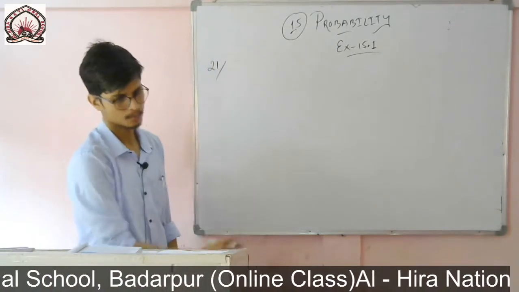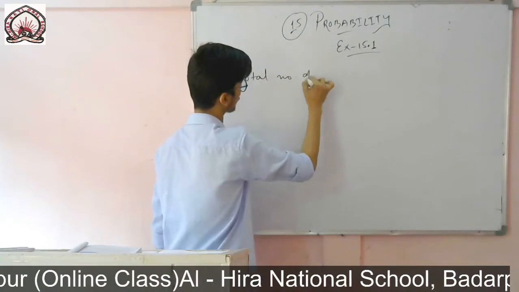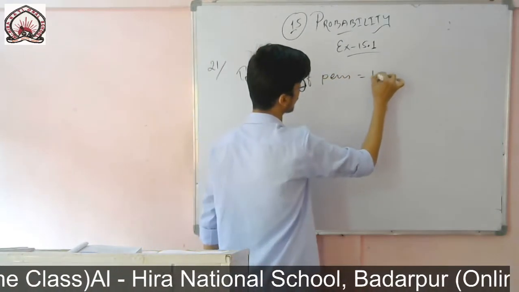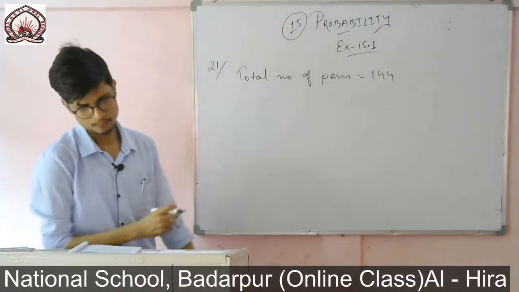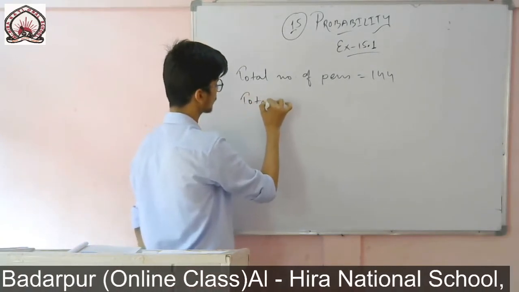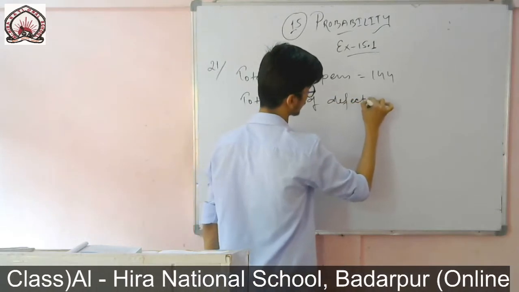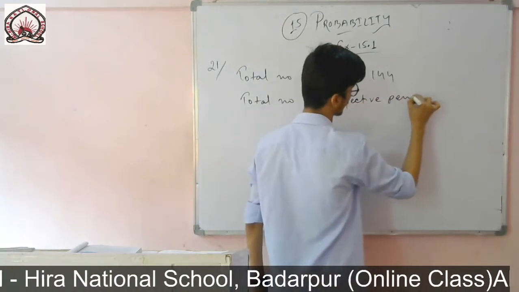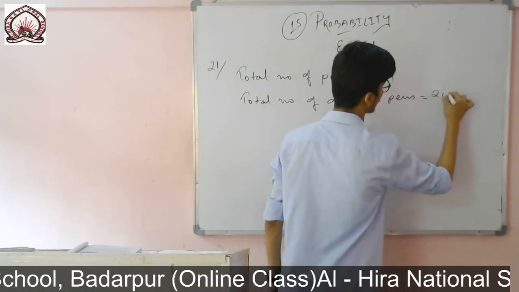Question number 21. Total number of pens is 144, out of which 20 are defective. So total number of defective pens is equal to 20.